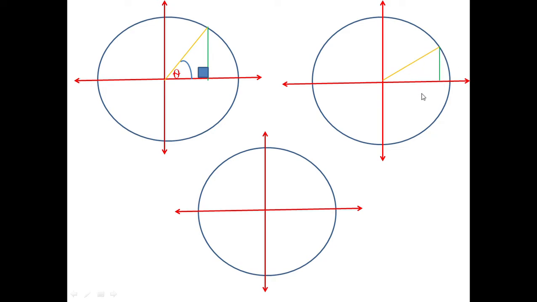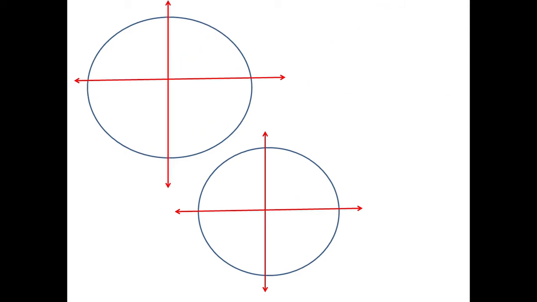Now if we further reduce this angle theta, here theta was more, here a little less, and further we are decreasing it, then we could see how the length of the green line is being affected. Now if we further reduce it, then we could see this green line has been reduced a lot.